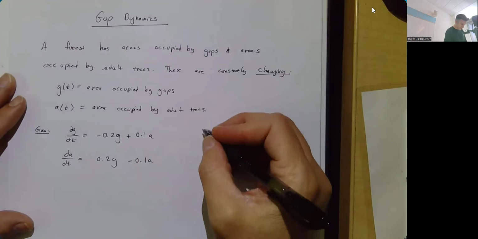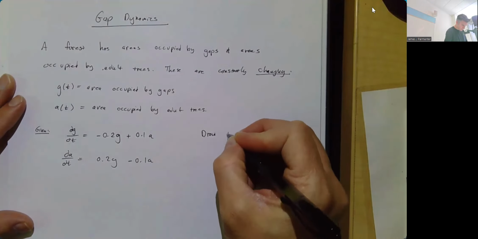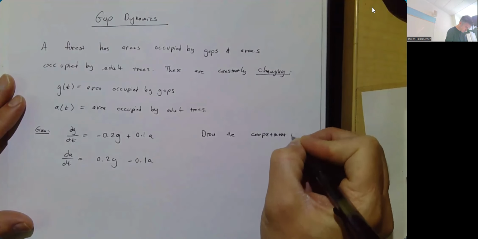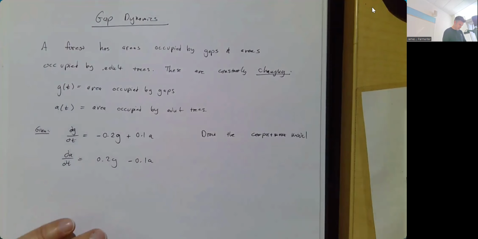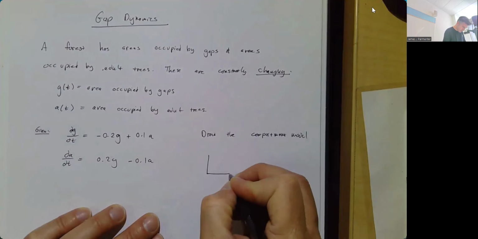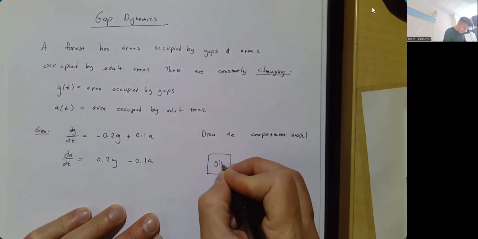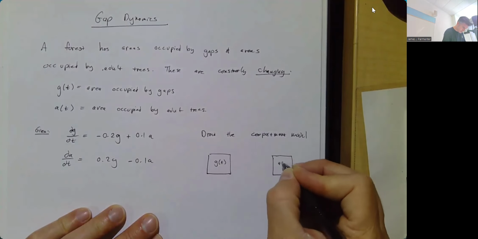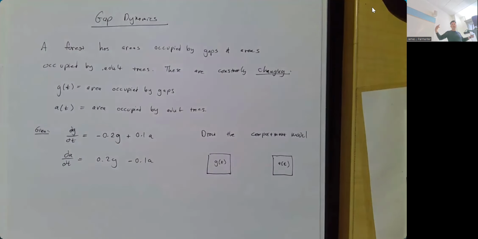So let's draw the compartment model. I would like you all to draw the compartment model. I'll give you your G and your A. You got to draw some arrows. You definitely have arrows going across.